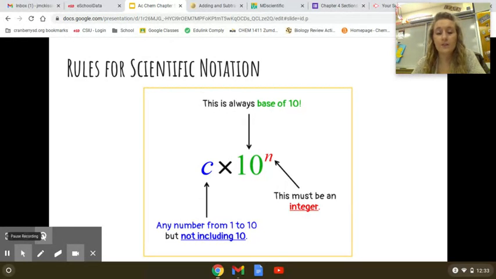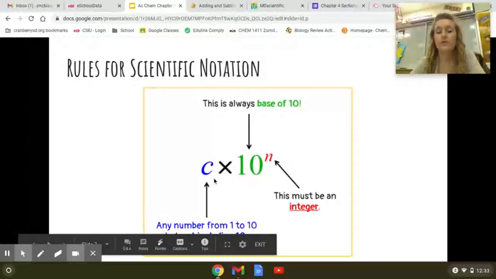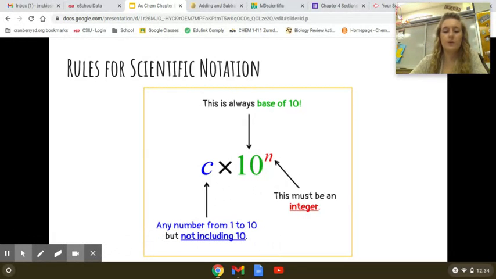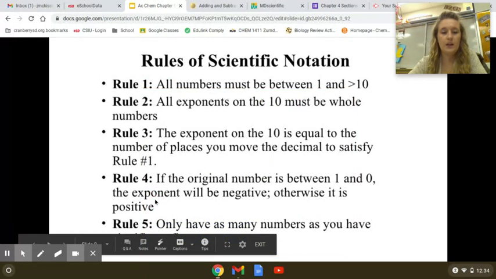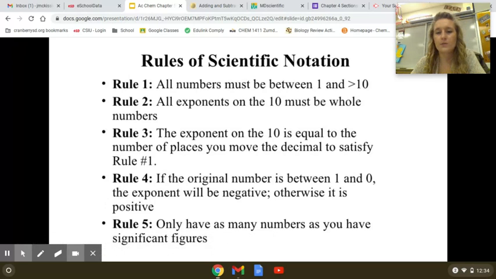And then you're always going to have times 10, and then that n number is going to be how many places you moved the decimal, and it could be positive or negative. Again, this should be a review. I'm hoping it is, but if you feel you need more explanation than this, let me know and I can do another video, but I am going over it kind of fast because it should be a review.